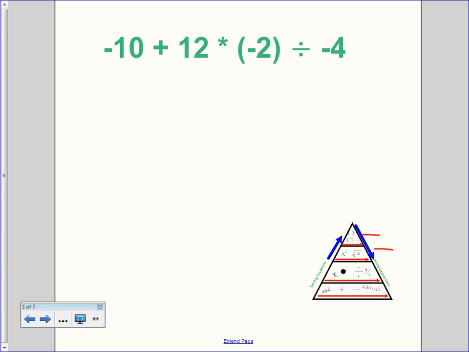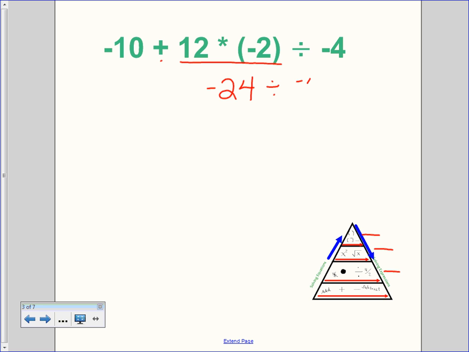So now let's go through and look for any exponents or radicals, which we do not have. So now we're going to go through and do multiplication and division in order going from left to right. Here's an addition sign, so we're not using that, so we're going to start with this. 12 times a -2 gives us -24.